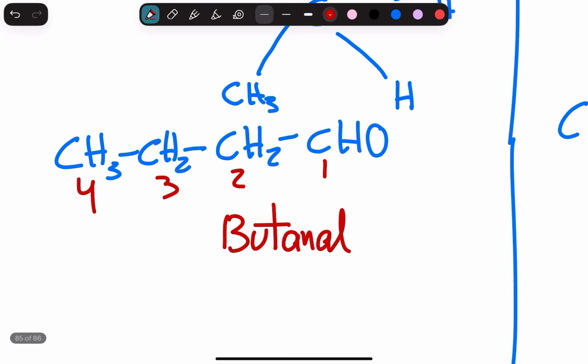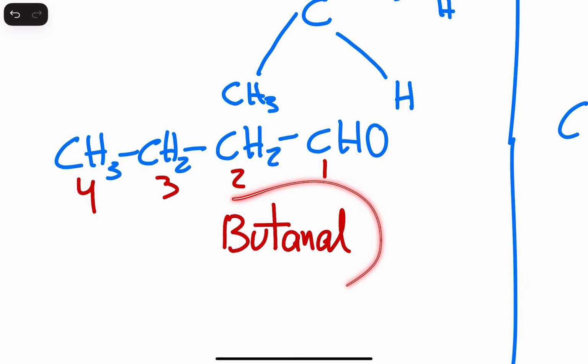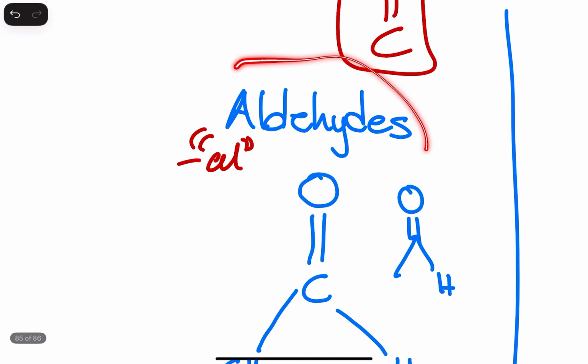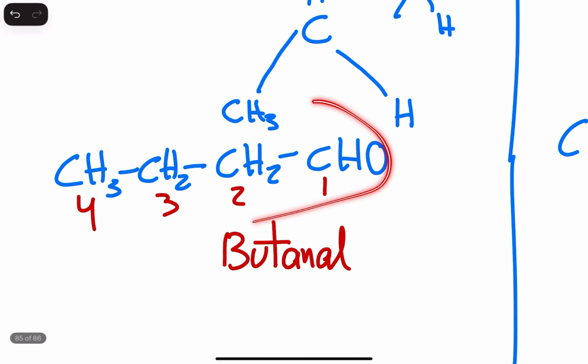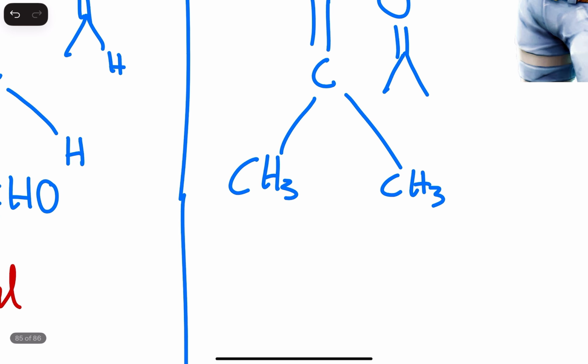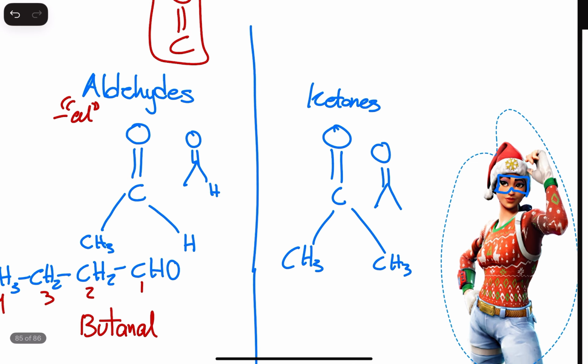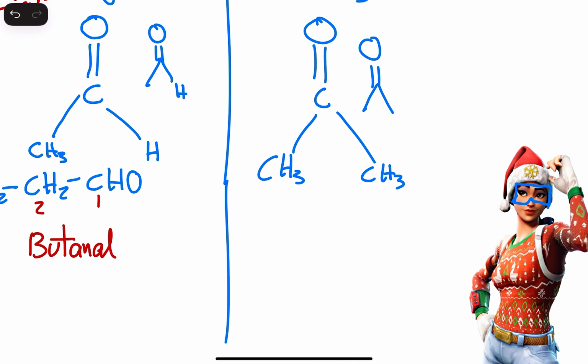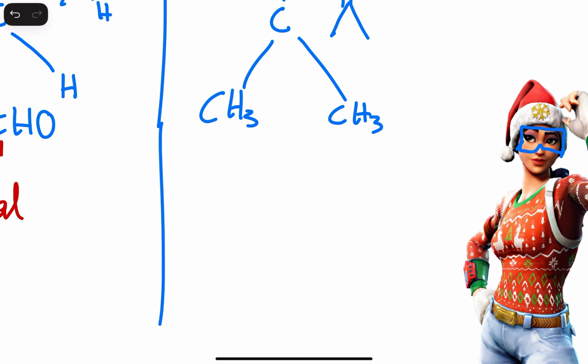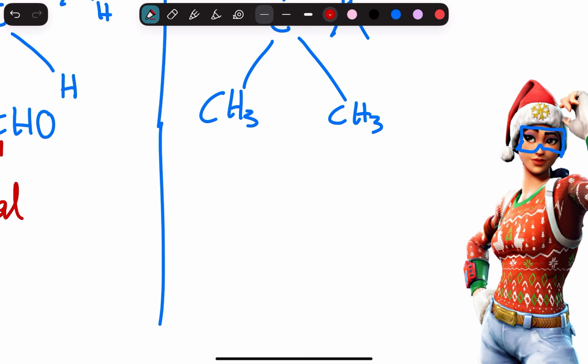So butanal. And with this one, we'd just be done here because we don't have any substituents. What butanal tells us is that we have an aldehyde in here, and we have 4 carbons. So let's bring this down a little bit, and then let's do the naming for our ketones. So naming for our ketones would be, let's say we have something like this.